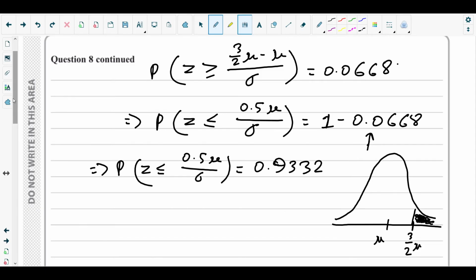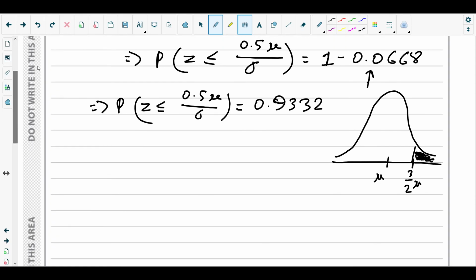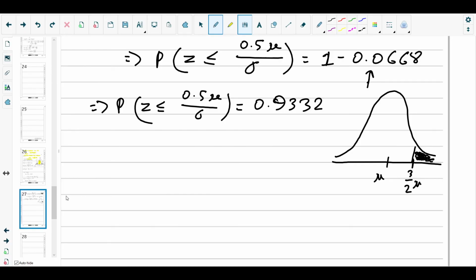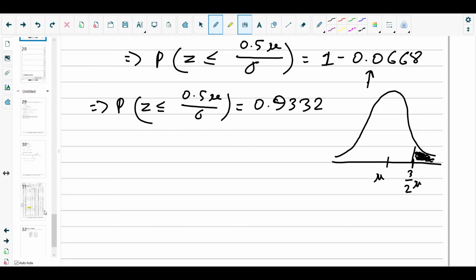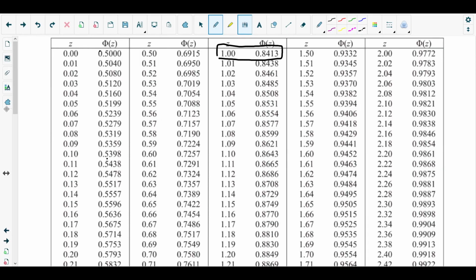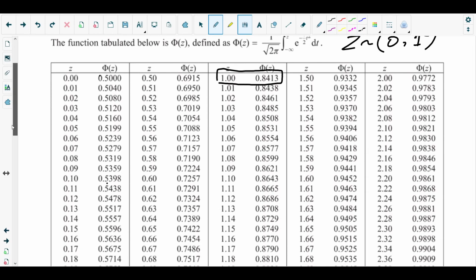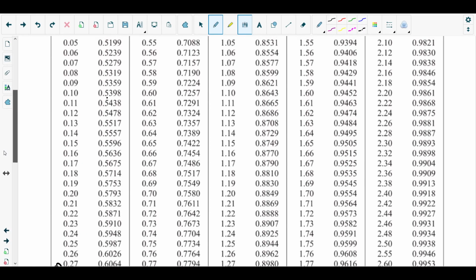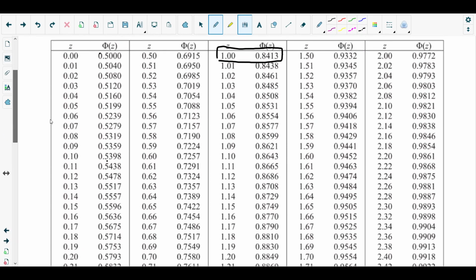0.9332. Now let's move on to the normal distribution table, from where we need to take the standard value corresponding to the probability 0.9332. Where is it? Yes, here you go. It is 1.50.